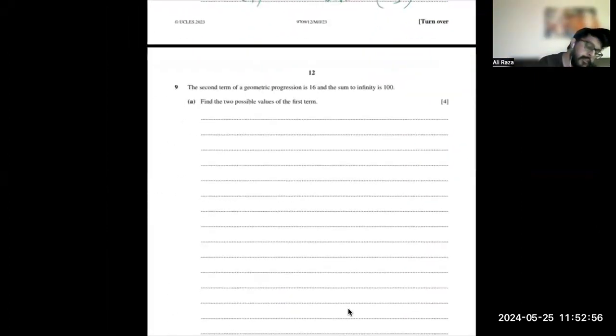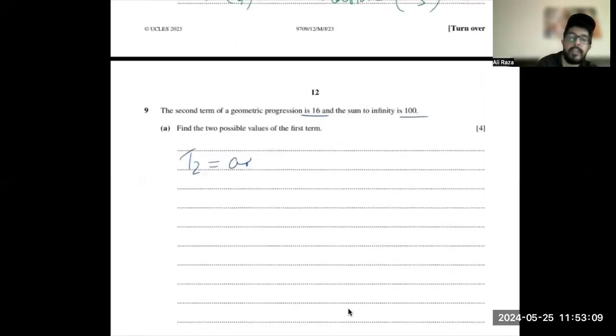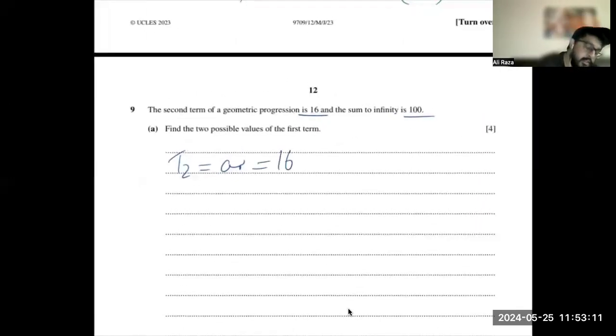Moving on to question 9, we have the second term of a geometric progression given as 16 and the sum to infinity as 100. So T2 can be written as A multiplied by the common ratio, which is 16. And the sum to infinity has the formula A over 1 minus R, which has the value 100.